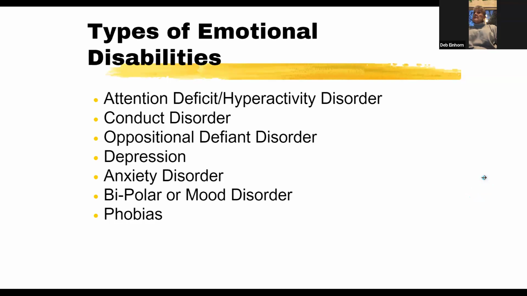So if there are symptoms of any of these things and the child is struggling in school, and you're working with a child that hasn't yet been identified as a student with a disability and isn't yet eligible for an individualized education program, then this might be an area where you would advocate for the student to get a medical evaluation paid for by the school district to determine if they have any of these things. And that would be a one-time medical evaluation that a district would be responsible for.